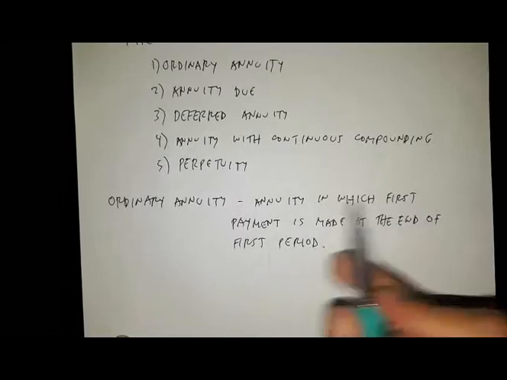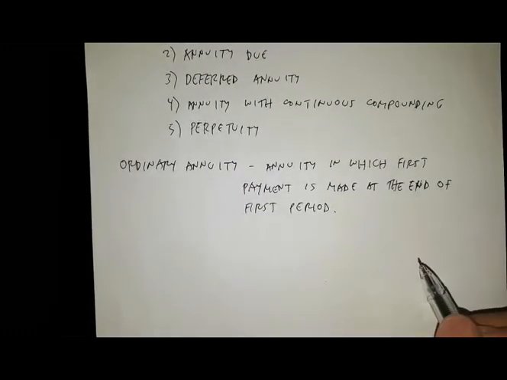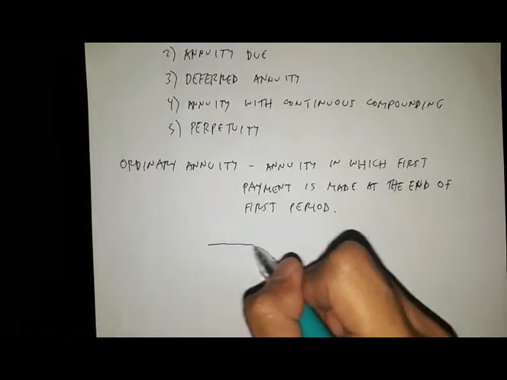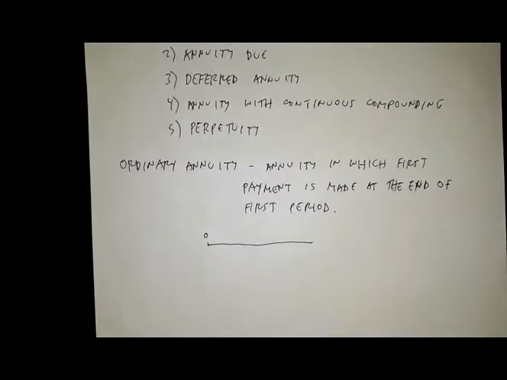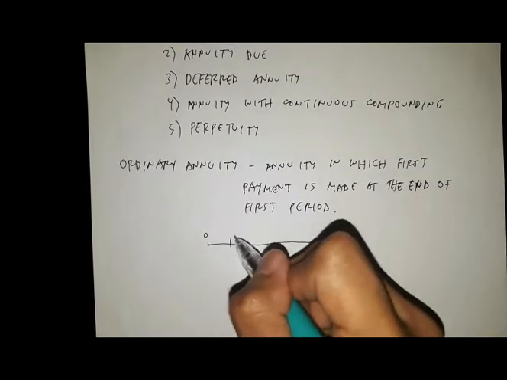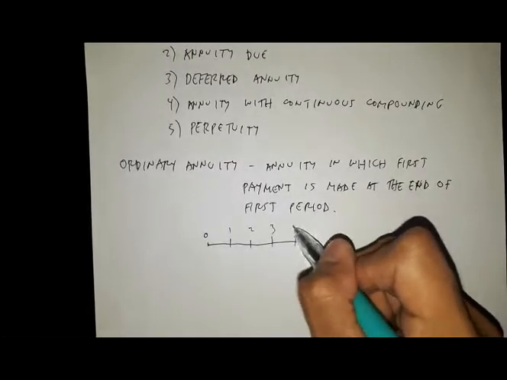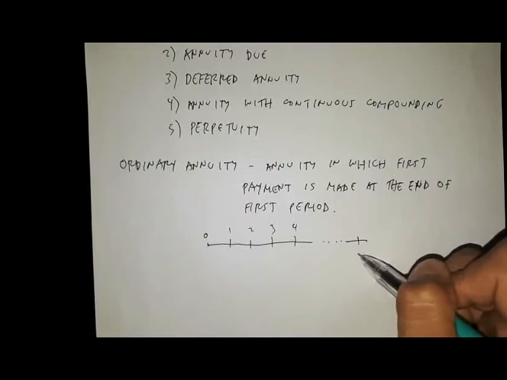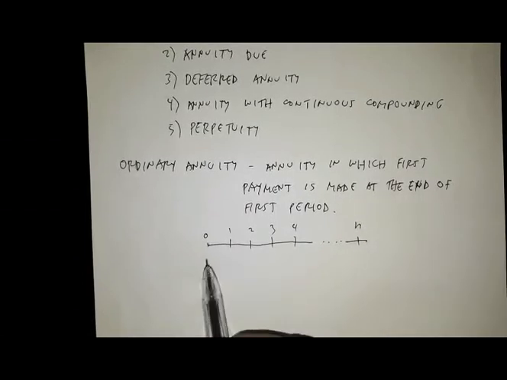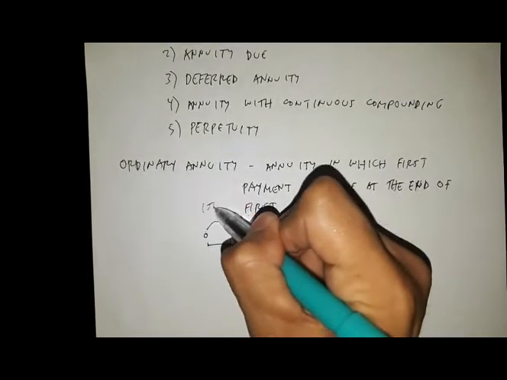So how can we further explain this? If you have a cash flow diagram, this is your period 0, and this is your first period. So 1, 2, 3, 4, and so on up to n. This is your first period from 0 to 1.